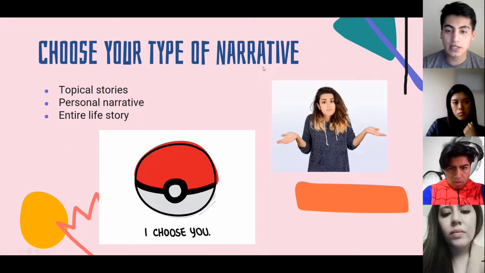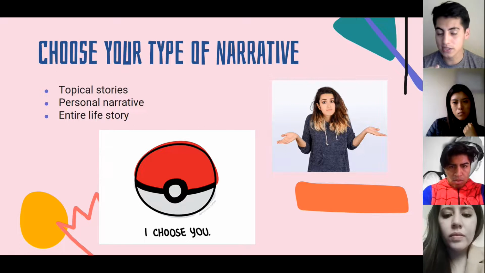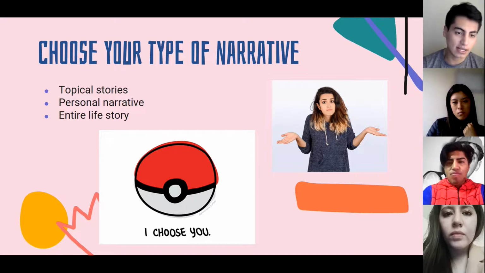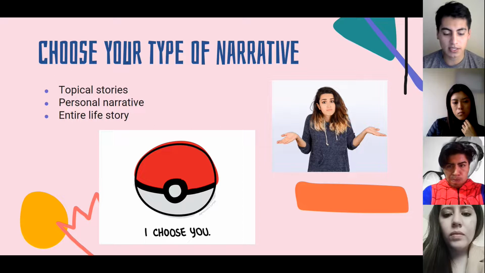So you need to choose your type of narrative. As Iskra said, we have these three types of narrative. We have the topical, the personal, and the entire life. So, like she said, the topical is just going to be a story about a specific moment, like you see in that picture about the Apollo 11.